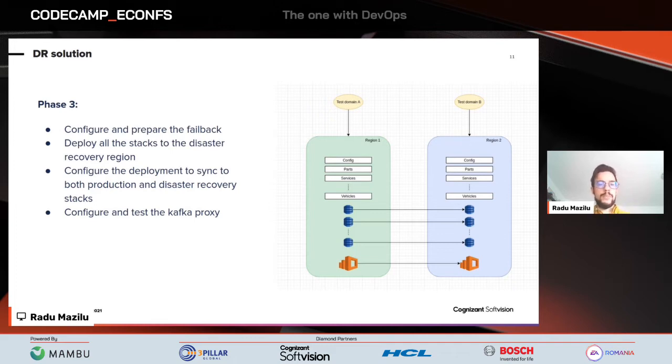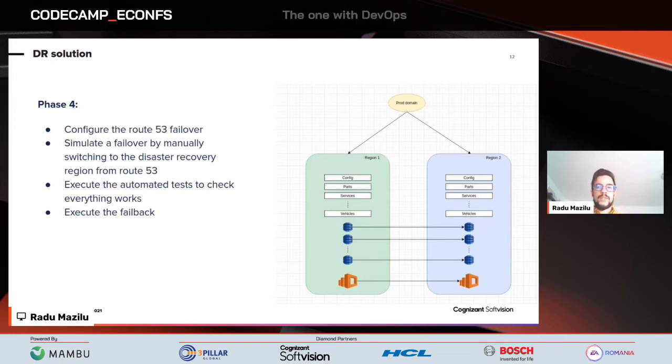We configured our deployment tool to also sync that region for every deployment, so we don't forget about it. And we also configured and tested the Kafka proxy I told you about, the service that runs on containers.